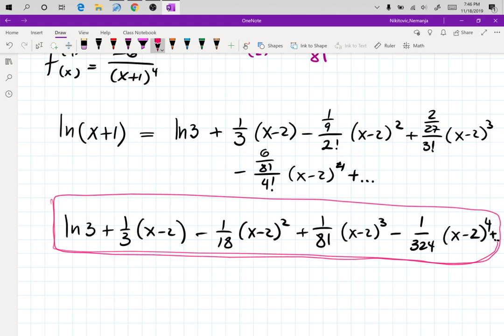But they're not that difficult, and I hope that you see how the exponents follow a pattern. They work very well.